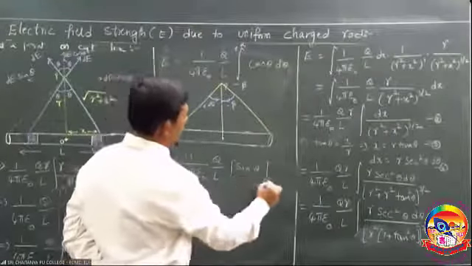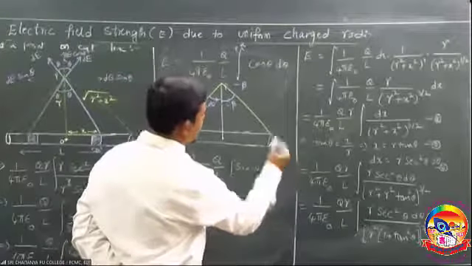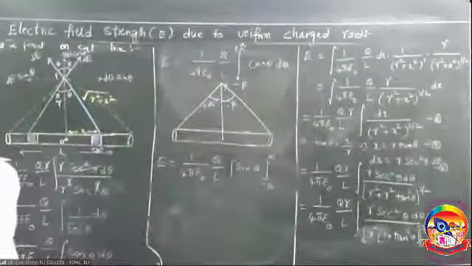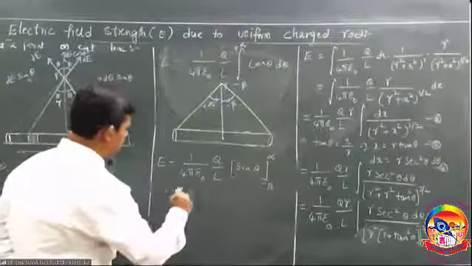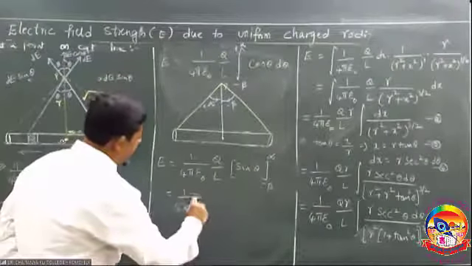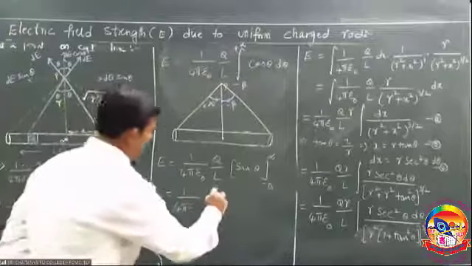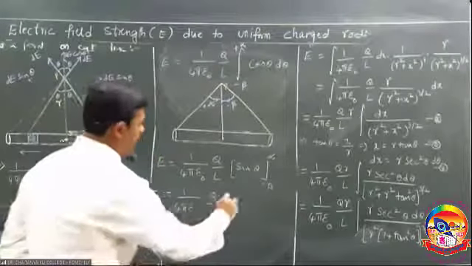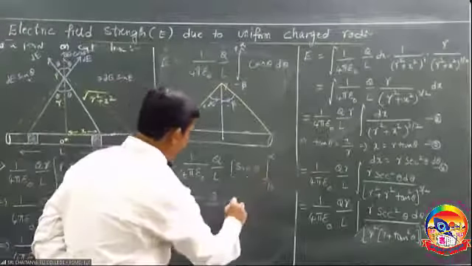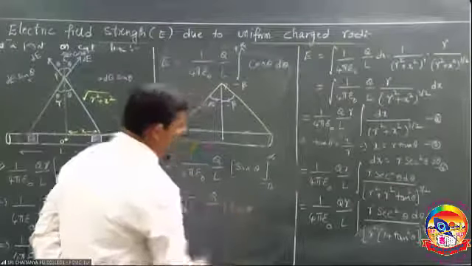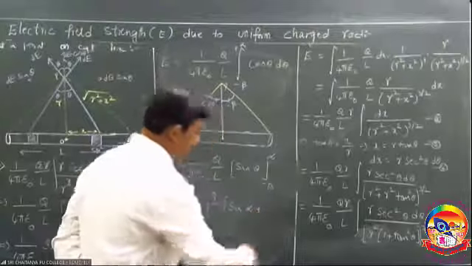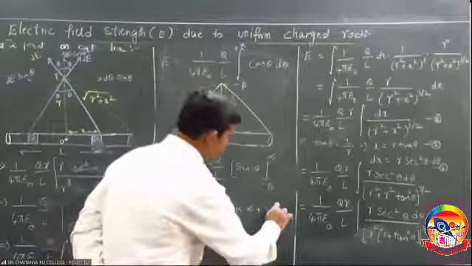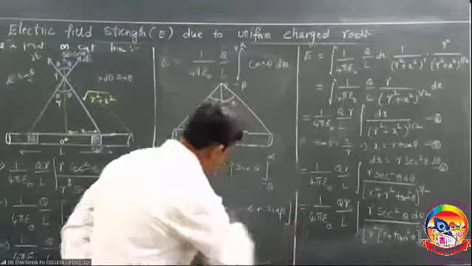Limits are minus beta to plus alpha. Substitute: 1 by 4 pi epsilon naught Q by L, upper limit sin alpha, lower limit minus of minus, plus sin beta.